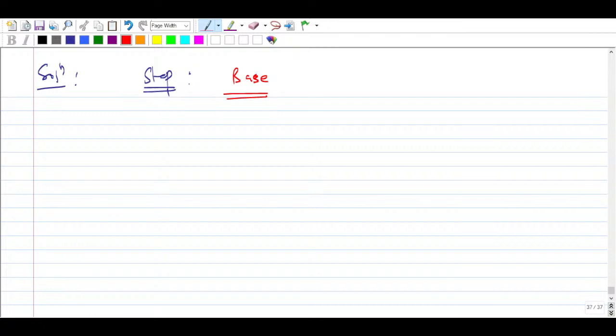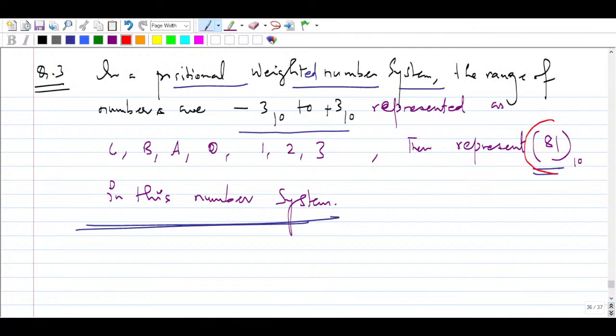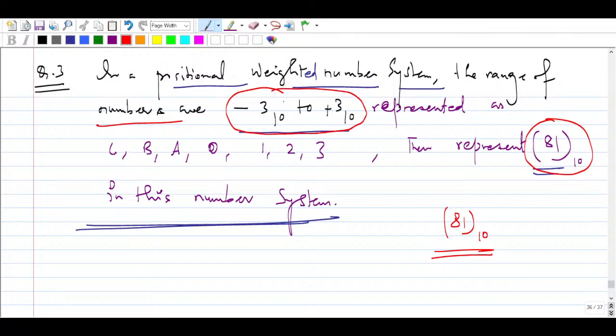You can see 81 is given, right? 81 is given in decimal. They're asking 81 in decimal. So we can find the base here. In a positional weighted number system, the range of the numbers is -3 in decimal to +3 in decimal, represented as CBA 0, 1, 2, right?